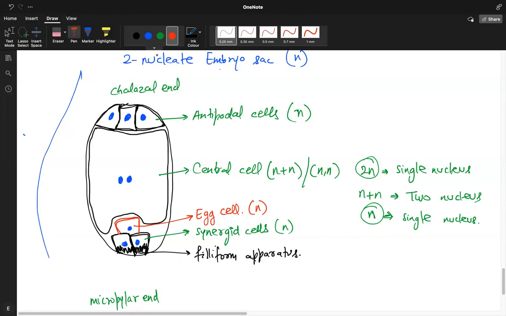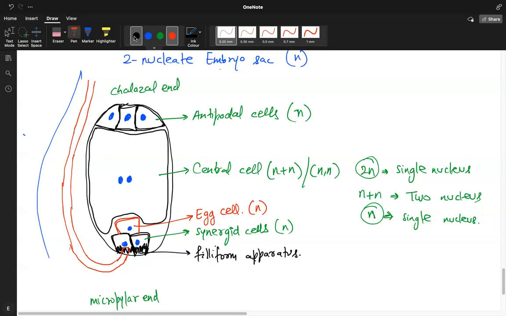So there will be a pollen tube coming like this. So this pollen tube will grow. And remember, I told you that it goes all the way down and enters through this micropylar end, right? So it first comes in contact with the filiform apparatus. And this filiform apparatus helps this tube to enter inside the synergid cell.